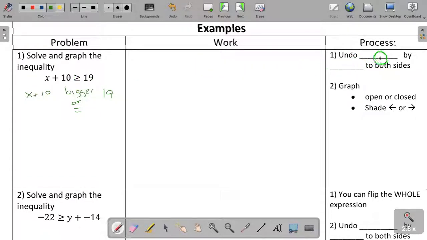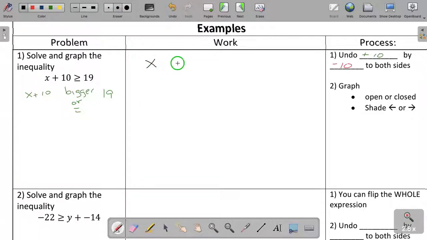We're going to undo plus 10 by subtracting 10 from both sides.